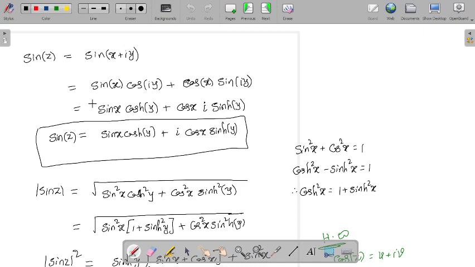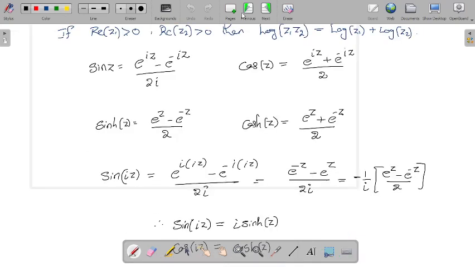Or the other way is, you can see sin z as a combination of exponential functions, and you know these exponential functions are analytic, therefore their combination is also going to be analytic. So you can clearly say that sin z and cos z are analytic functions everywhere. And similarly, you can talk about sinh z and cosh z. They are also analytic everywhere.